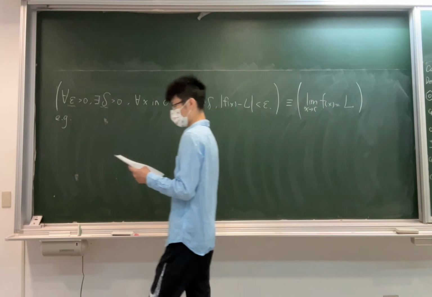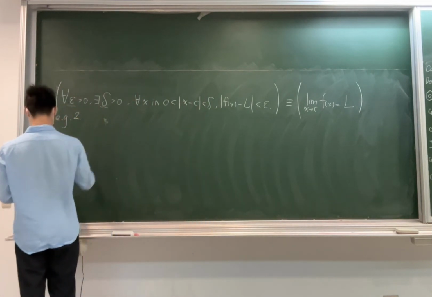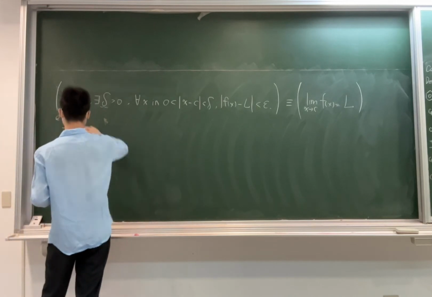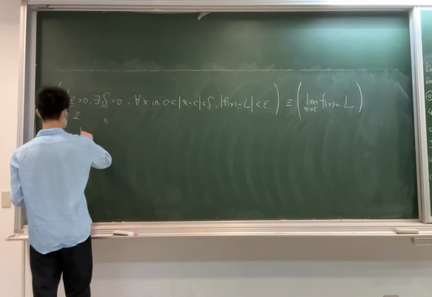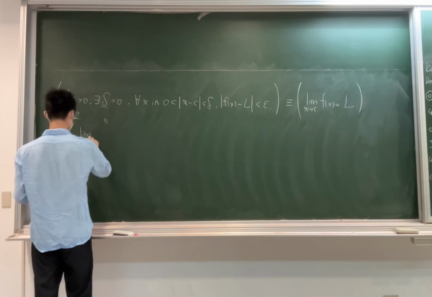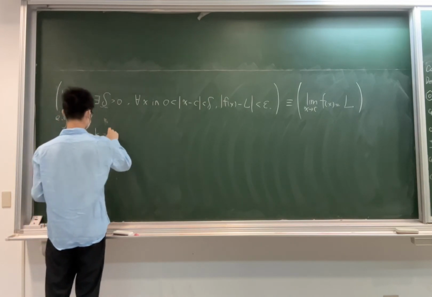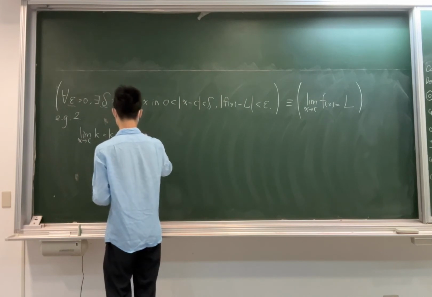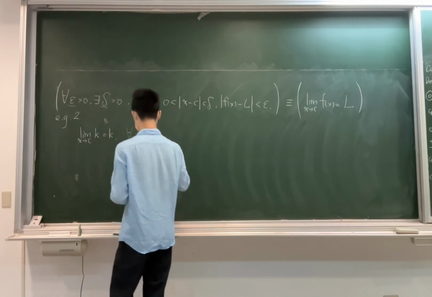Okay, and we take another example here. We have the limit as x goes to c of k equals k, for all k belonging to the real numbers.